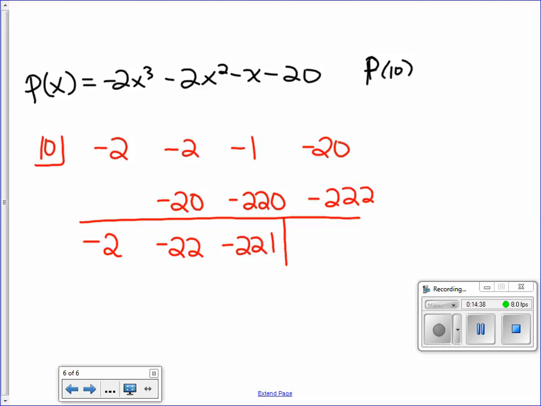Let me just keep writing 2s. Negative. Exactly. If it tells you exactly what to put in, don't change it.